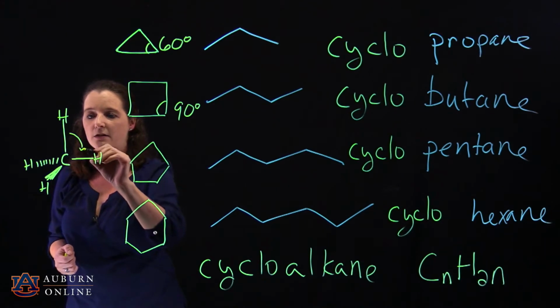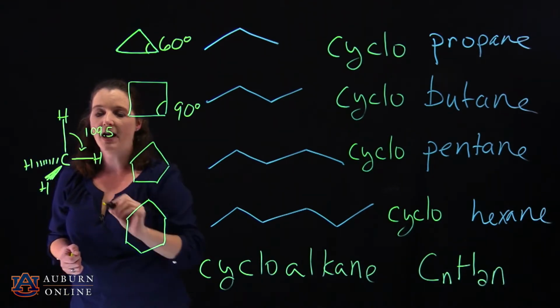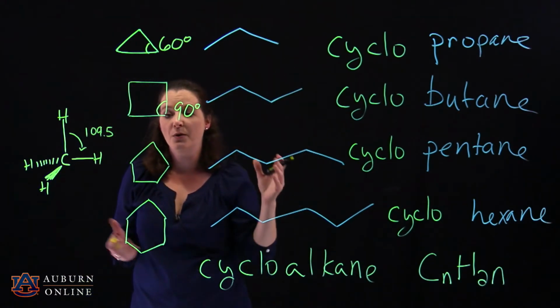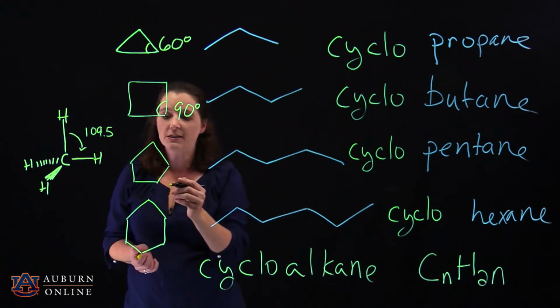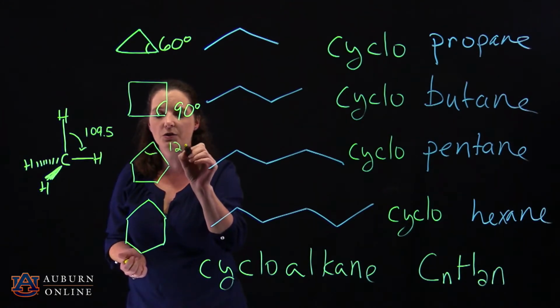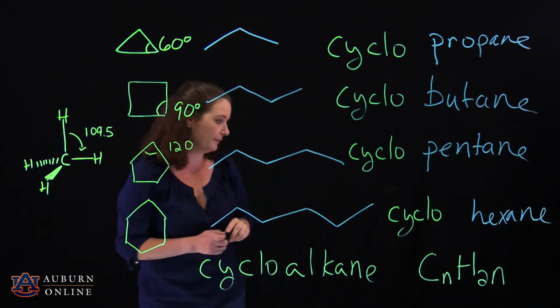So this bond angle is 109.5 degrees. That's going to give us the least strain. So in cyclopropane and cyclobutane, we're in a very strained system. This is ring strain. So when we go to cyclopentane, this bond angle is larger. It's close to 120 degrees. This is going to relieve some of our ring strain, but not all of it.